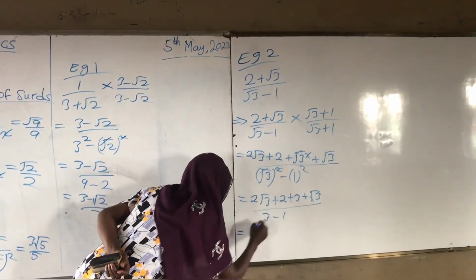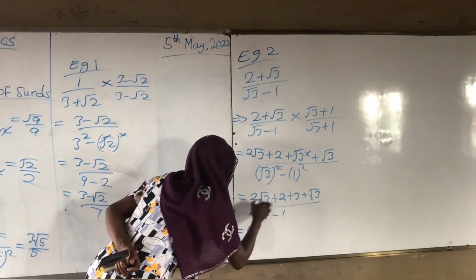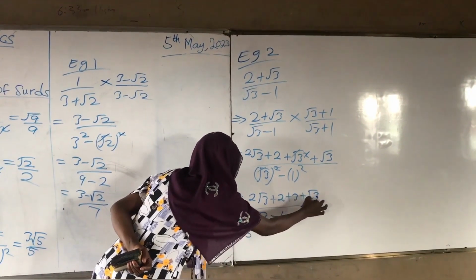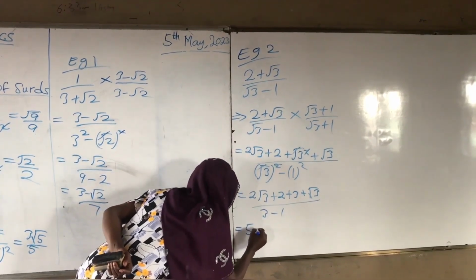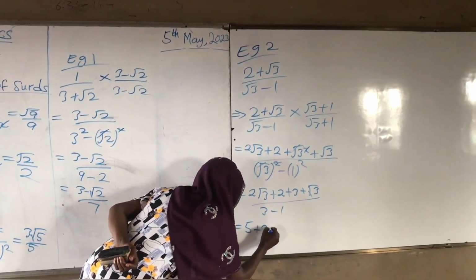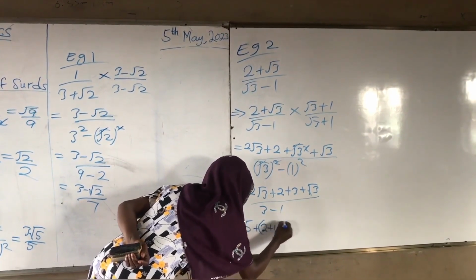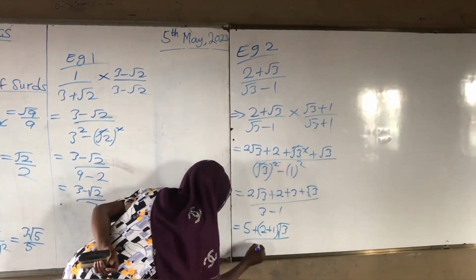So here we put like terms together. 2 plus 3 will give us 5, and 2√3 plus 1√3 will give us 3√3, all over 2.